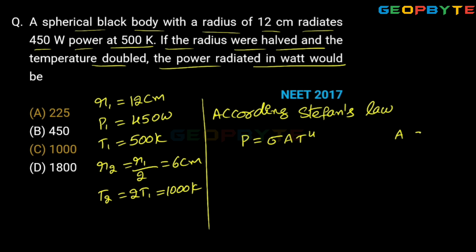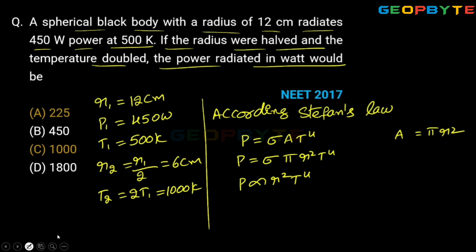Here A equals what? Pi r square for a spherical body. Then P equals sigma into pi into r square into T power 4. From this I can write that power is proportional to r square into T power 4, because sigma and pi remain constant.